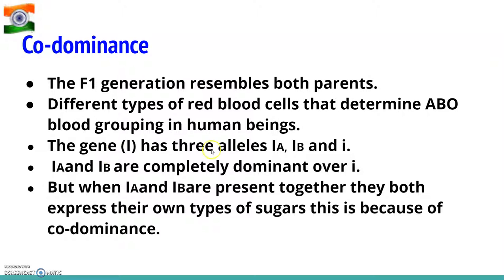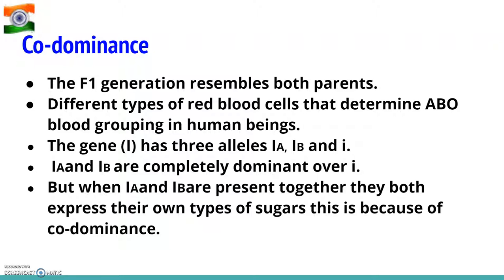The gene I has three alleles, A, B and small i. Alleles A and B produce slightly different forms of sugar, while allele i does not produce any sugar. Humans are diploid organisms and each person possesses two alleles, so generally two of the three alleles are present.